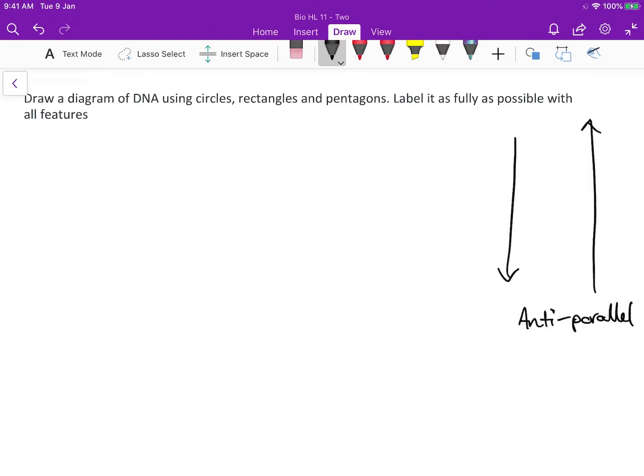So here we go, we're going to try and draw a circle, down to our pentagon, out to our rectangle, and then we're going to label those 1, 2, 3, 4, 5.